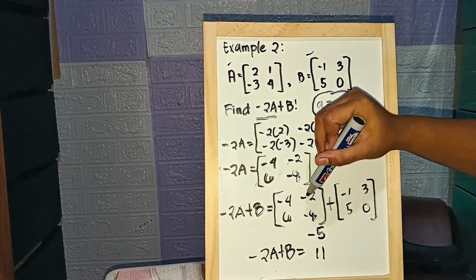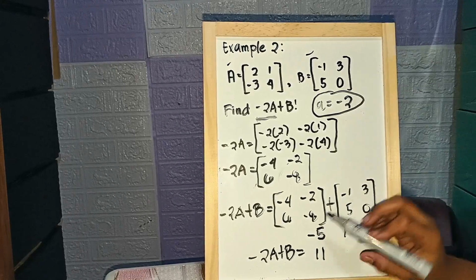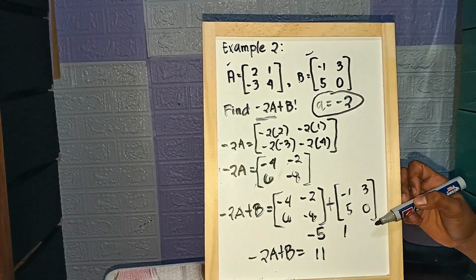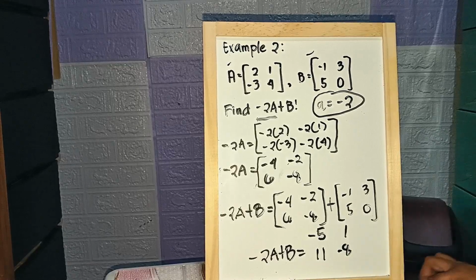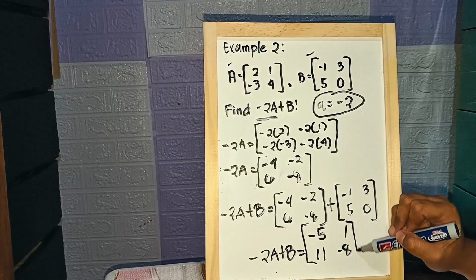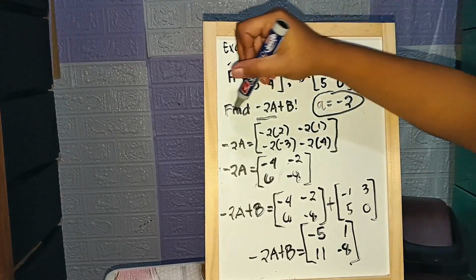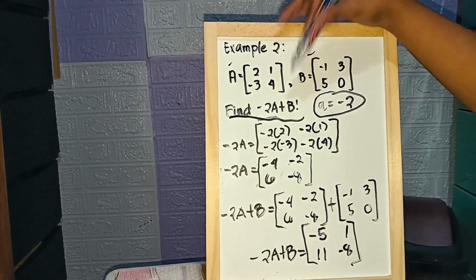Okay, -2 plus 3, that's 1. And lastly, -8 plus 0, that is -8. So now, we already have the result of -2A plus B.